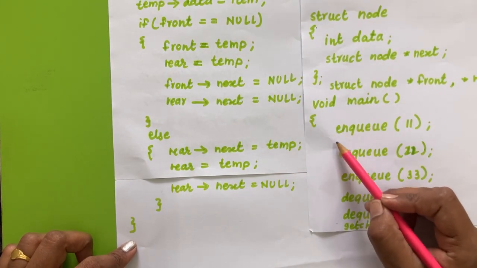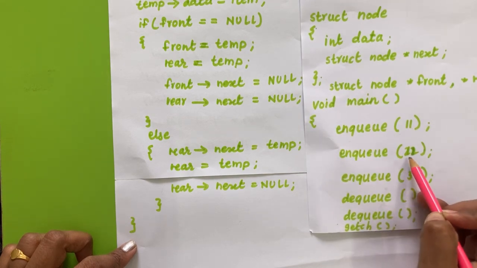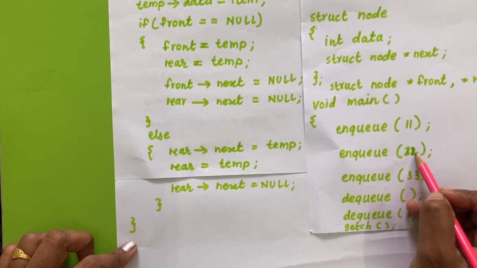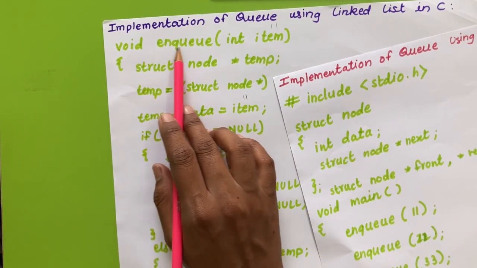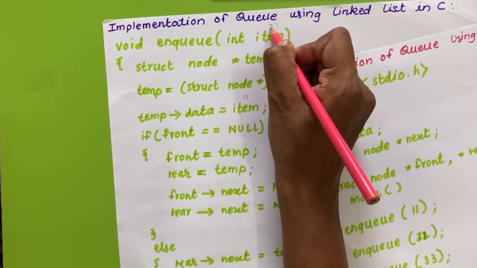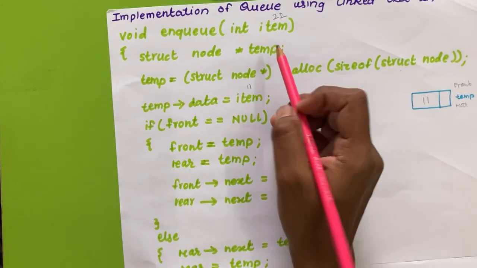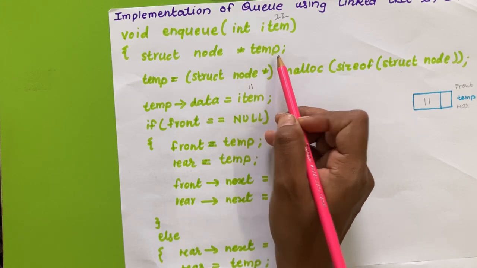It will return back to the main function. In main function we have the next call, enqueue 22, so it will again update the value of item as 22, and call enqueue for the value of item 22. Now again a new temporary node will be created.